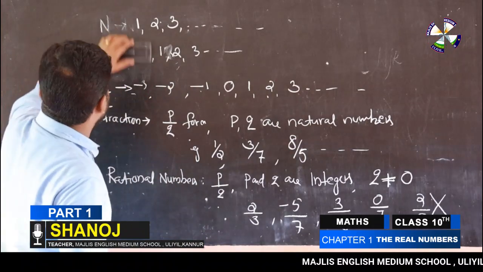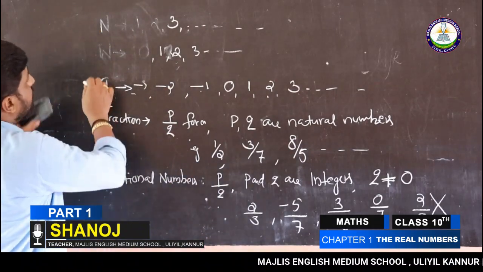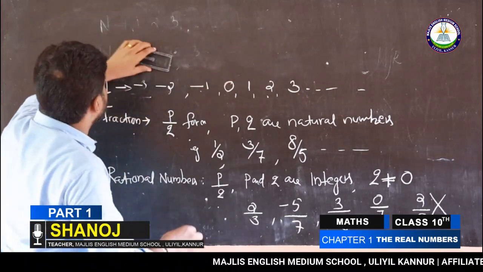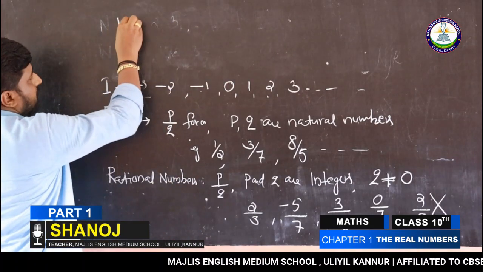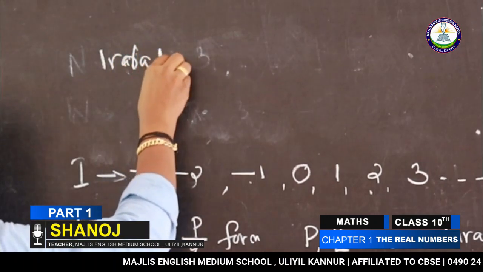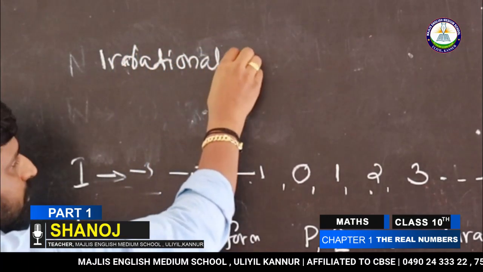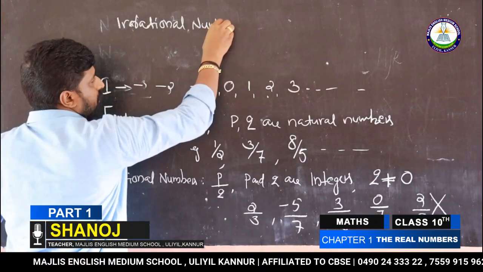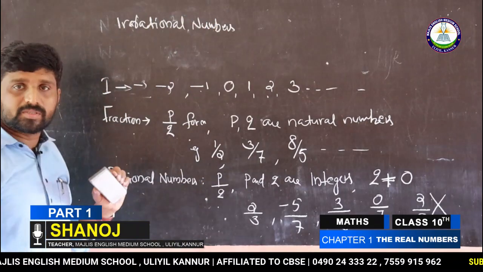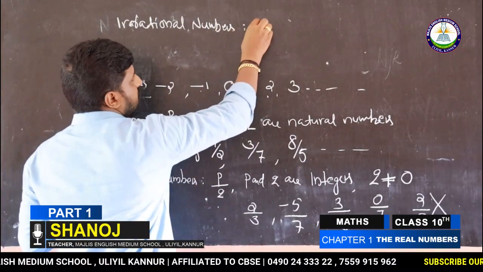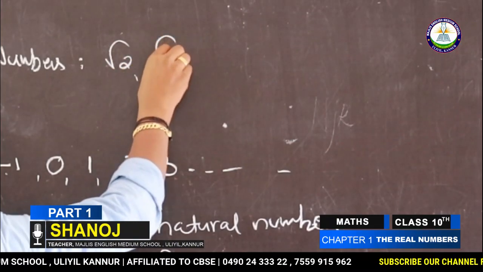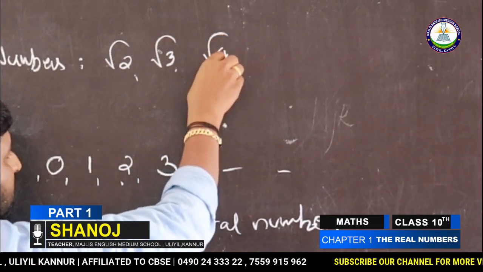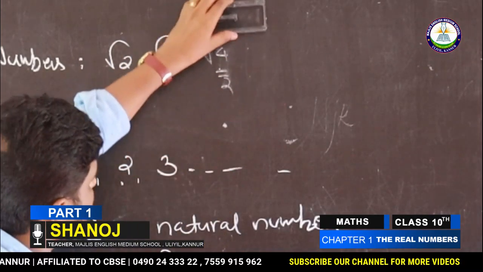Now we discuss irrational numbers. Irrational numbers means like this: root 2, root 3. Root 4 you already know is equal to 2, therefore no need to consider it.